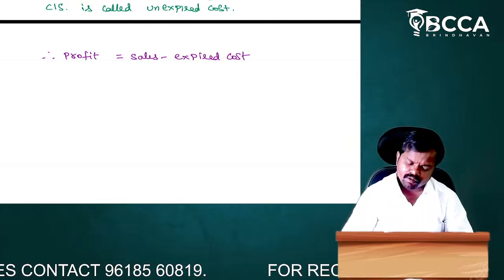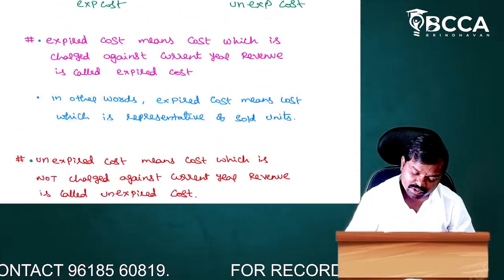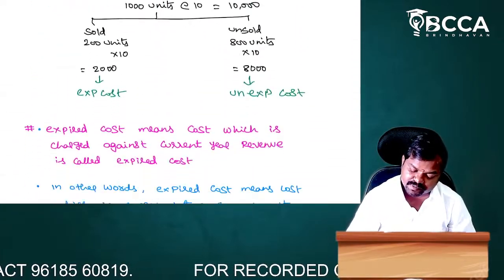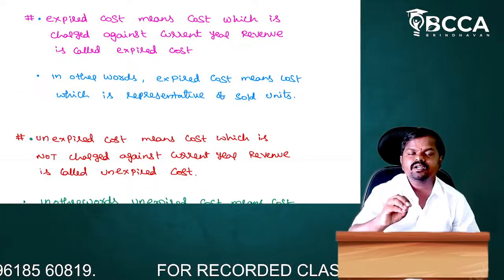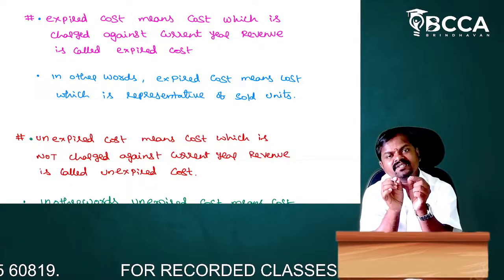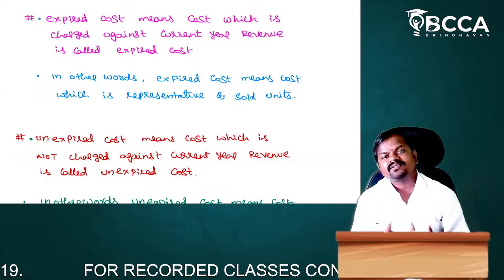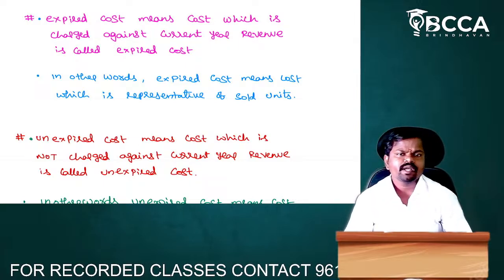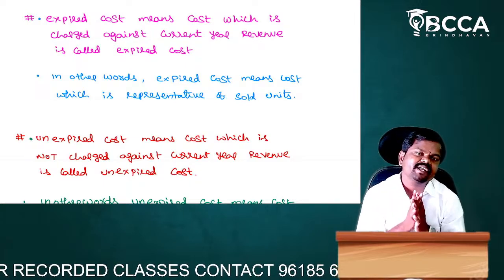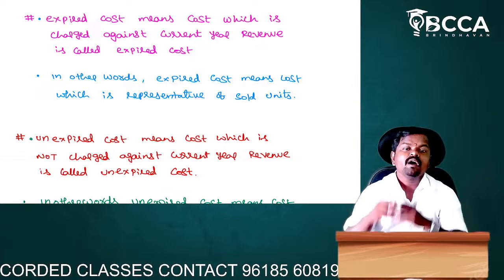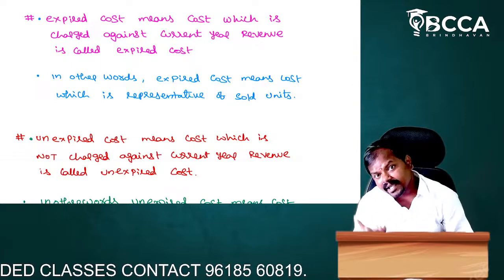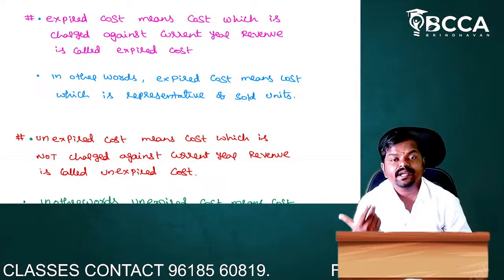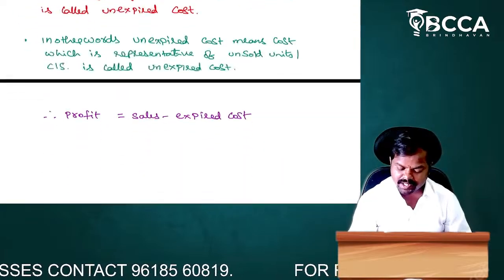What is meant by expired cost? Any cost which is charged. The name itself indicates expired, such cost will never be seen in the future. Unexpired cost can be carried forward, traced and checked in the next year. Is it clear?